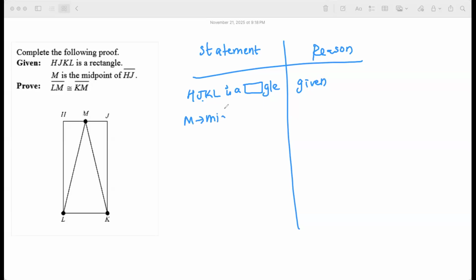You have to prove what? LK equal to KM. Oh, okay, got it. That's what you need to prove. How will you prove? Anybody can pitch in. Please, guys.